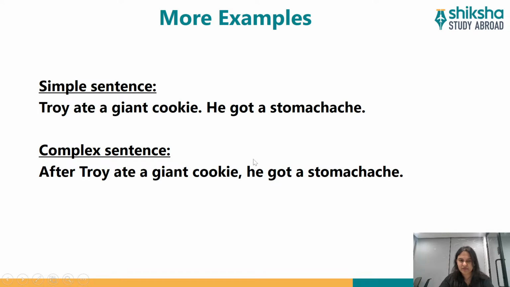The latter part of the sentence depends on the first part, or the initial part of the sentence. Hence, this is a dependent clause, and the first part till the full stop is an independent clause.